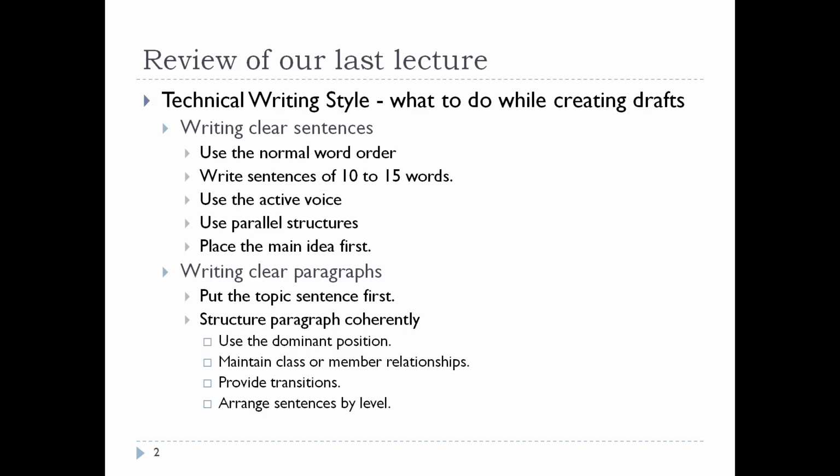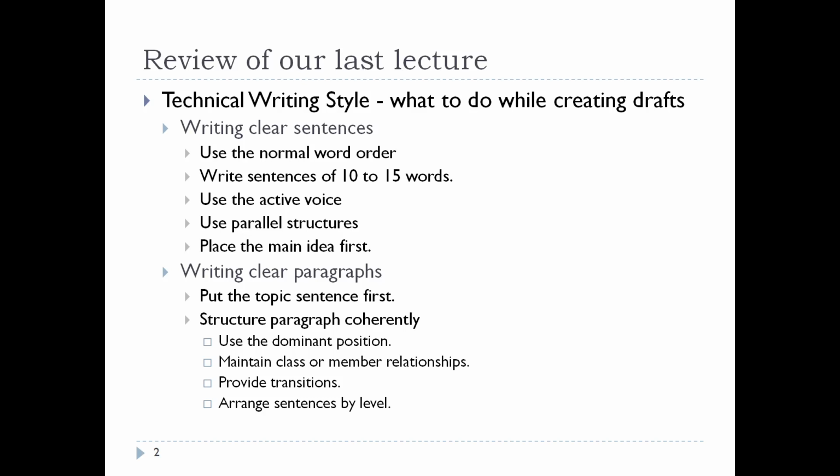And then there are things that you can do to make those sentences clear. There can be a long sentence, but that long sentence can have a parallel structure. There may be two different types of things that you might be talking about in the same sentence, but those things might be related in some way, or you might be talking about them in the same way. That means it has parallel structure.